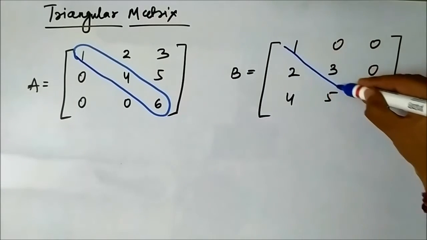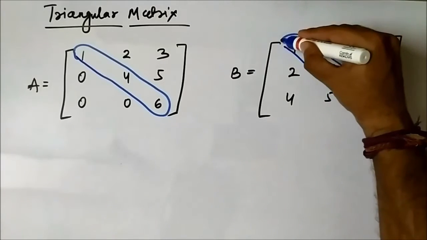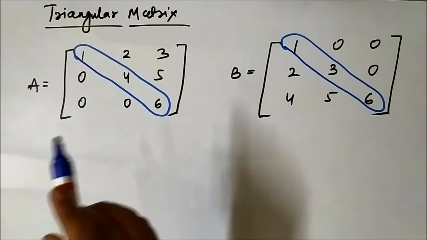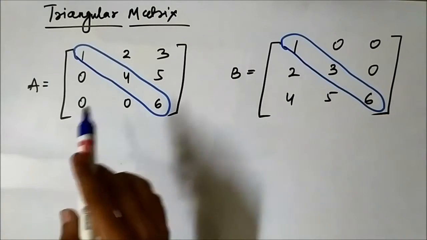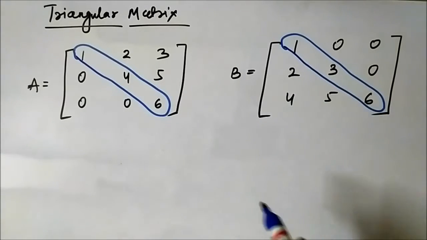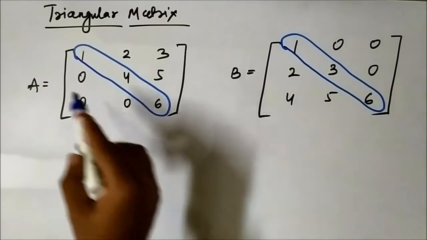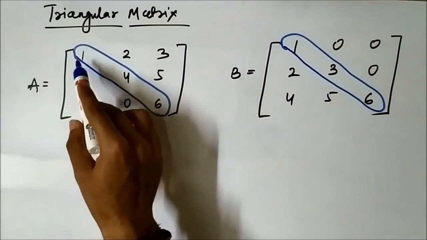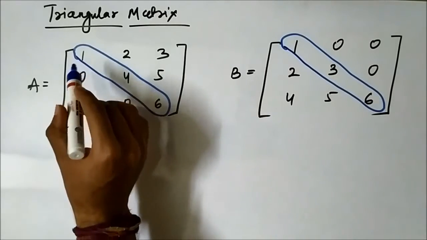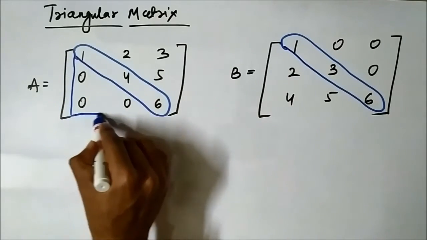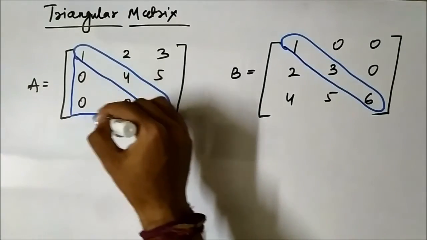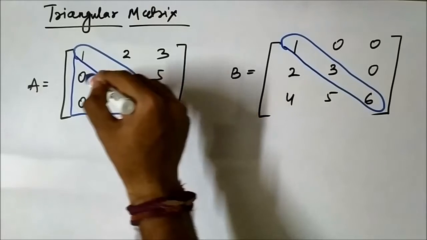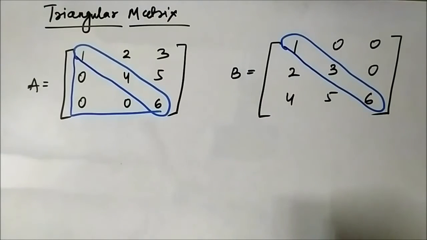Now, if you look closely at matrices A and B, you will find that in matrix A, below the principal diagonal, all the elements are 0.